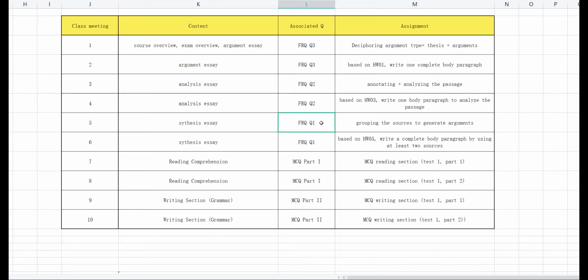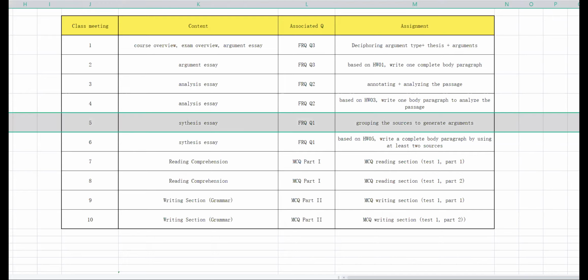So you need to have argument and then evidence, everything. But in question 1, the evidence is right there for you. So you don't need to brainstorm for your evidence. You need to adopt the sources in your body paragraph and use that as your evidence to support your arguments. So question 1 is what we call the synthesis essay.